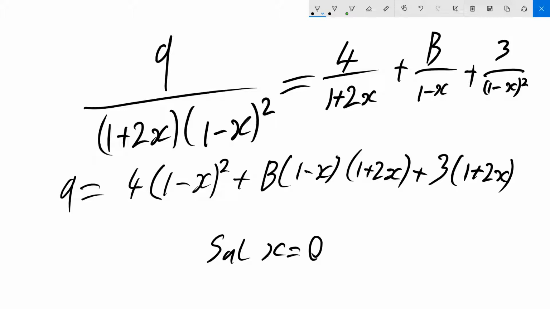We get 1 squared is just 4, so 4 minus 9, and that becomes 3 times 3, which is again 9, minus 9 is going to equal b lots of 1, lots of 3.